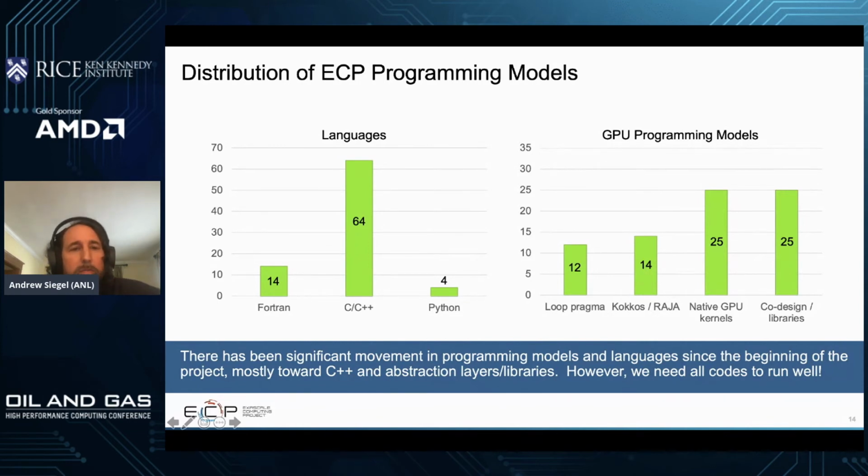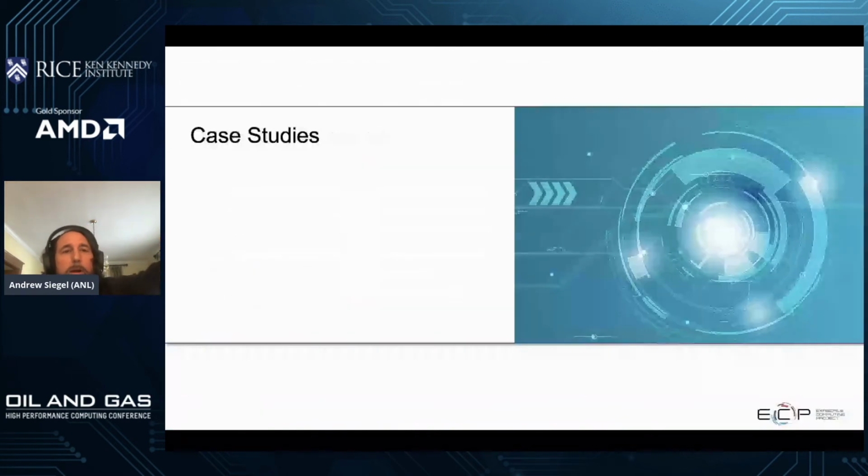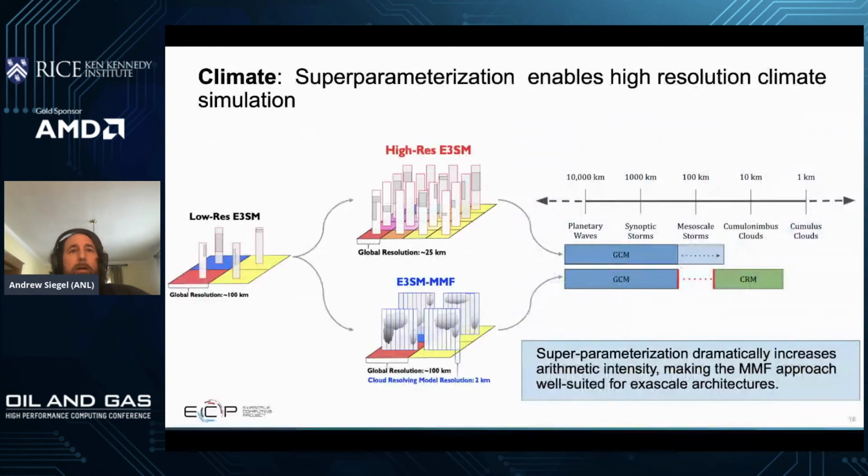Okay, so let me go through very quickly a few case studies to make some of these points more concrete. I understand this will be very fast, but let me first give an example of the compute system influencing modeling priorities. This is climate, and the goal is to move to higher resolution in climate modeling. Instead of increasing global resolution, they chose to maintain the same resolution but add a so-called superparameterization, which is a cloud-resolving subgrid model.